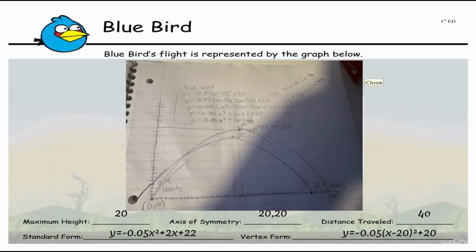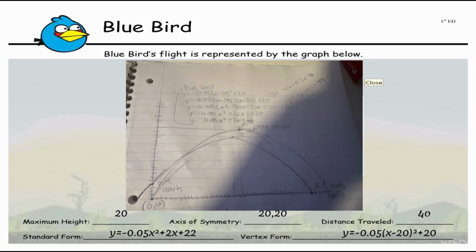And so we then get y equals negative 0.05 times (x to the power of 2 minus 20x minus 20x plus 400) plus 20. And then we get y equals negative 0.05x to the power of 2 plus 2x minus 20 plus 20.